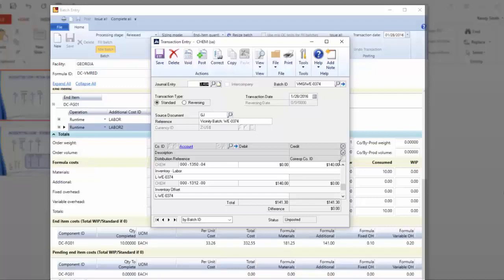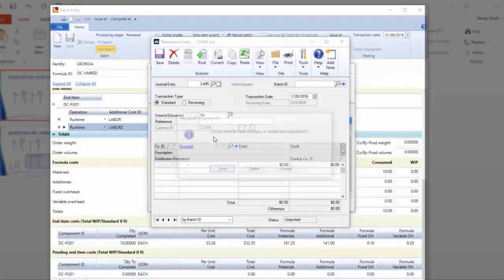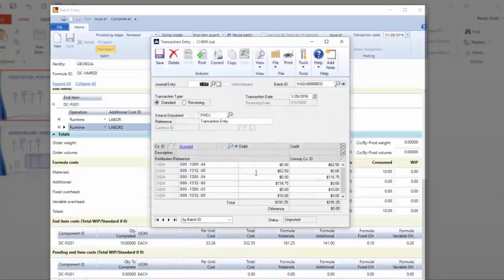So in short, really what we're talking about here is we're booking the labor applied and running it through the production clearing account. And then after that is done, we're actually picking up the finished good transaction right in here.